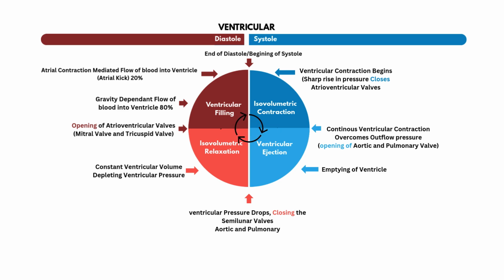So we've gone through the cycle of ventricular filling, isovolumetric contraction, ventricular ejection, and the isovolumetric relaxation phase. Now let's visualize it all on the pressure volume loop diagram.